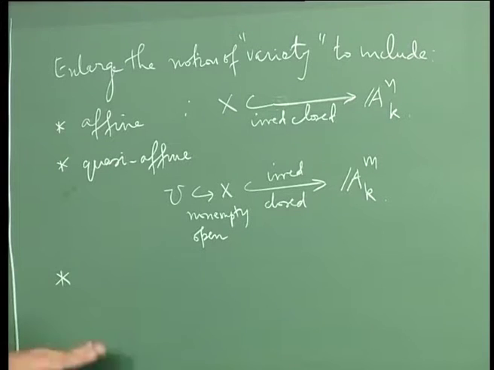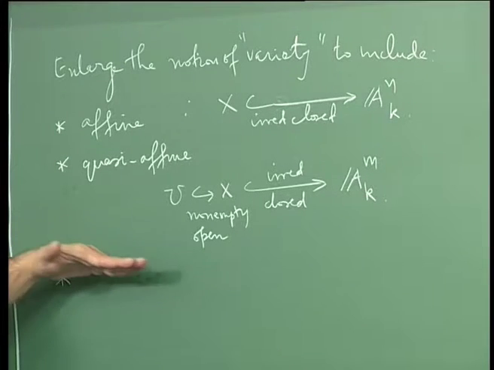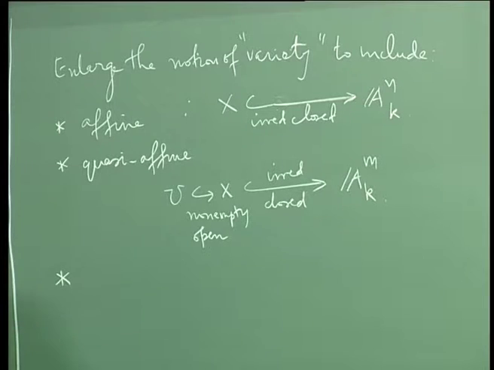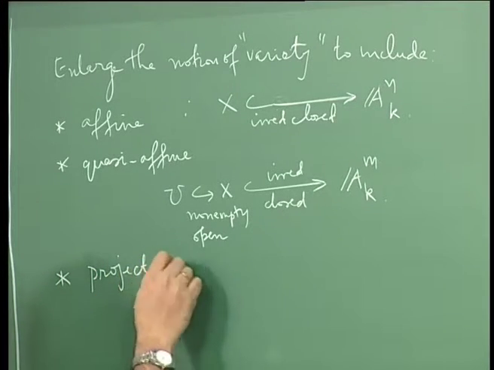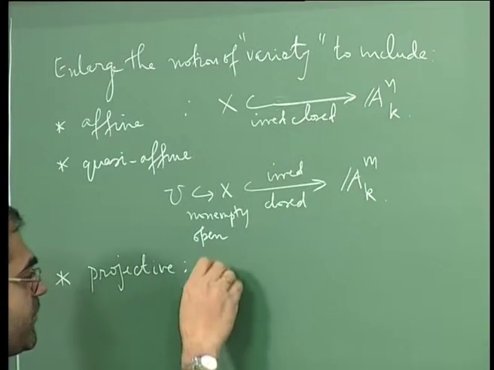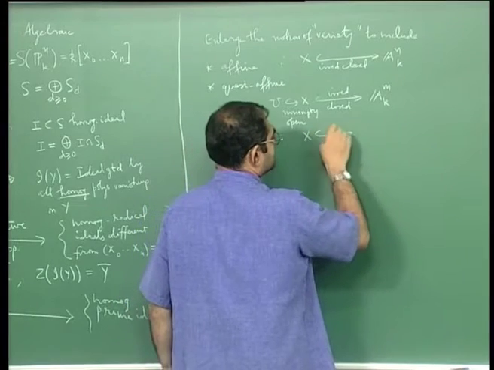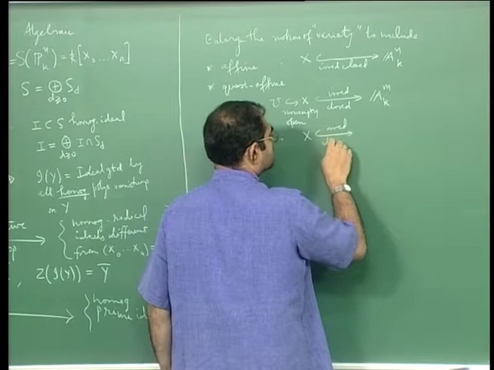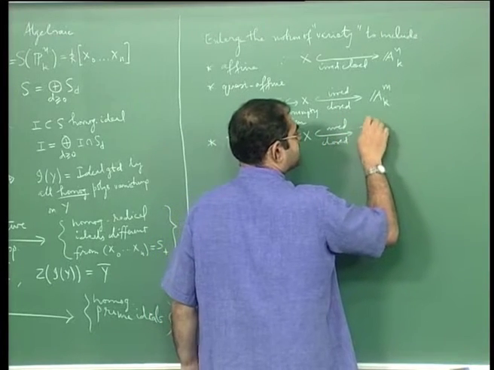Now you extend the definition to include projective varieties and quasi-projective varieties. Projective varieties are similarly irreducible closed subsets in projective space. So it is some X which is irreducible closed inside projective space.